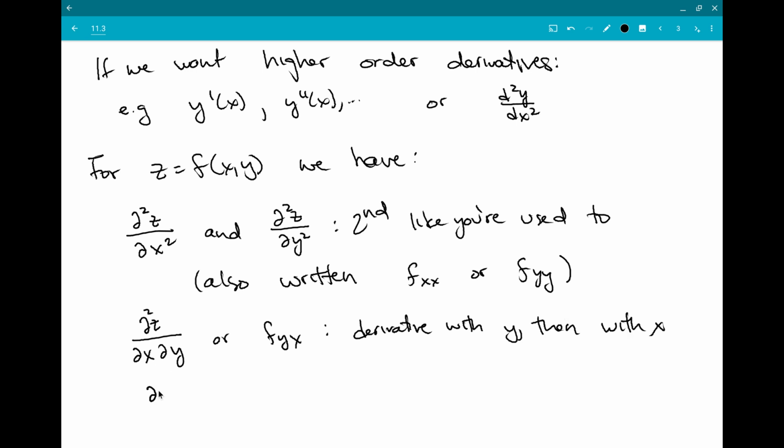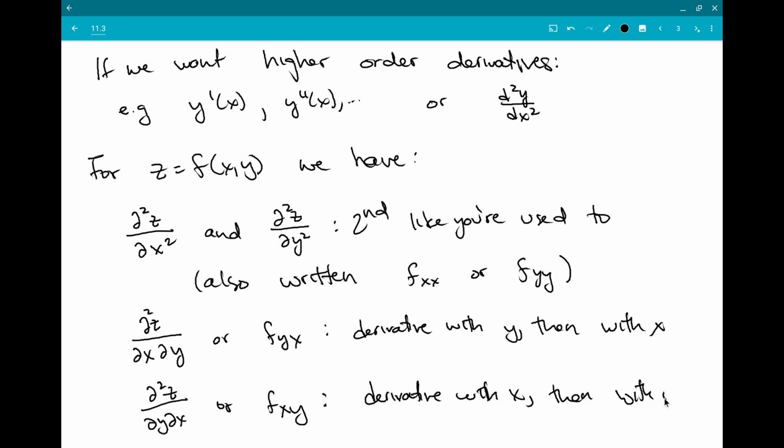And the opposite, d2z over dy dx, or f sub xy, is derivative with x, then with y. And you could go even higher than this, third derivatives, so on and so forth, following these same rules.